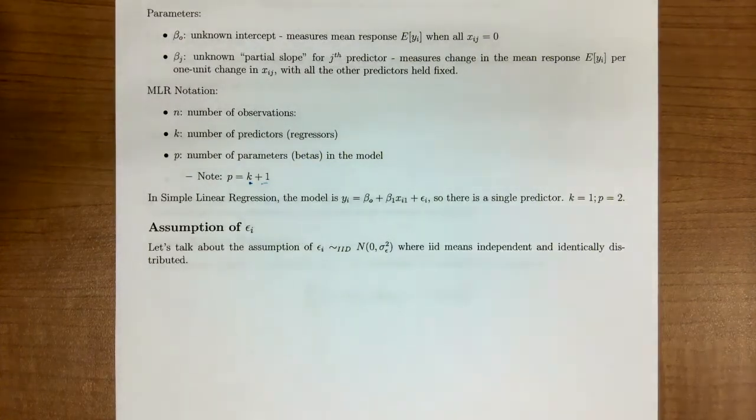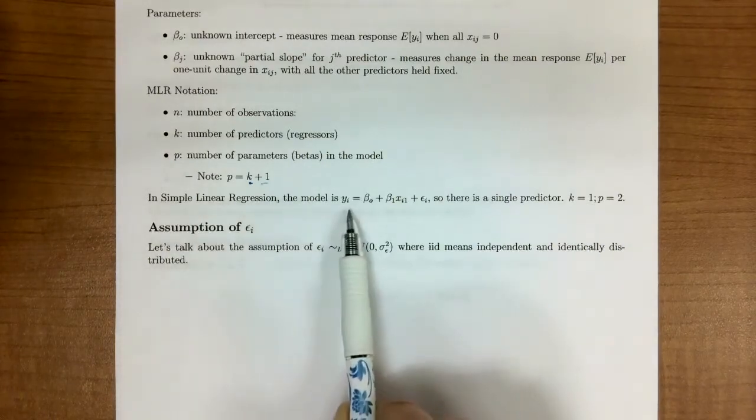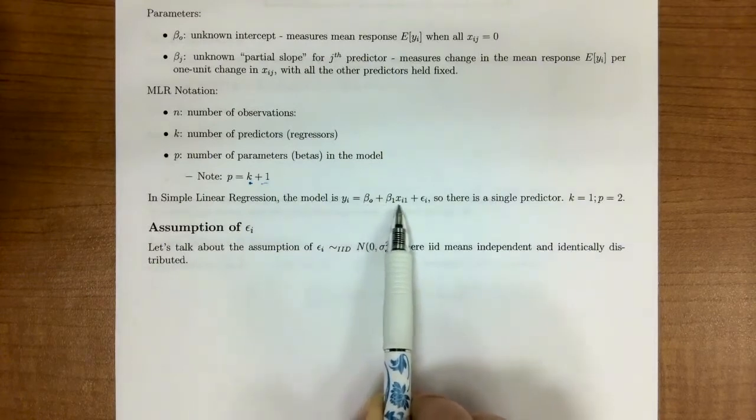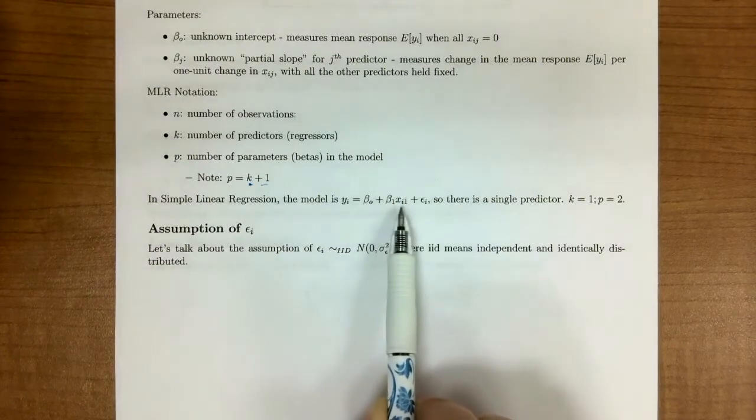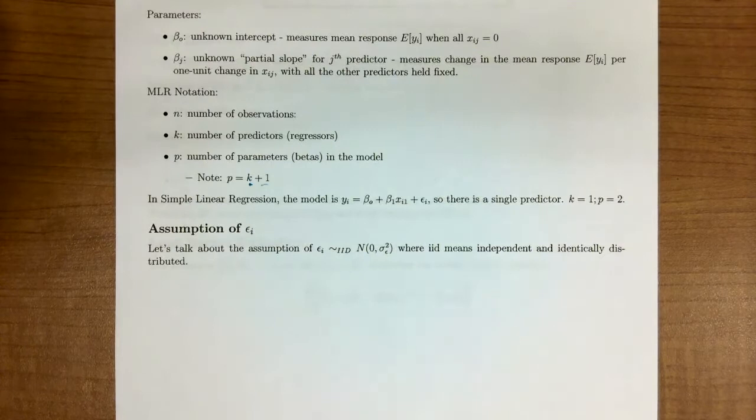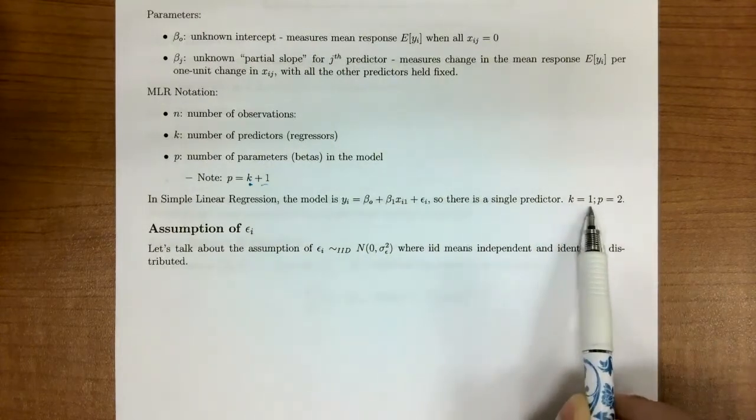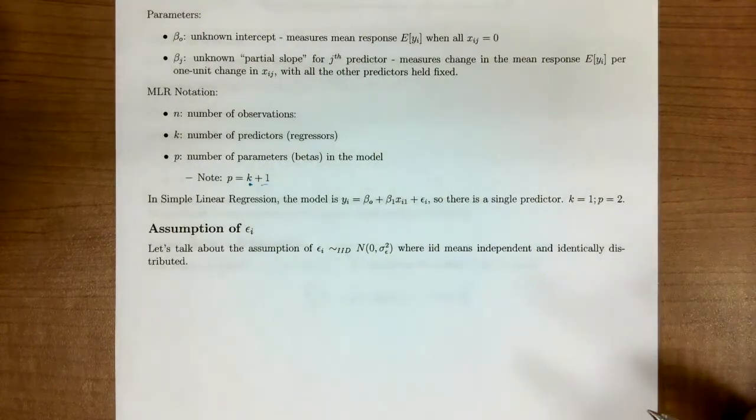To give you some context, in a simple linear regression, our model is y equals beta naught plus beta 1 x1, only one predictor, plus epsilon. So our k is 1, but our p is 2.